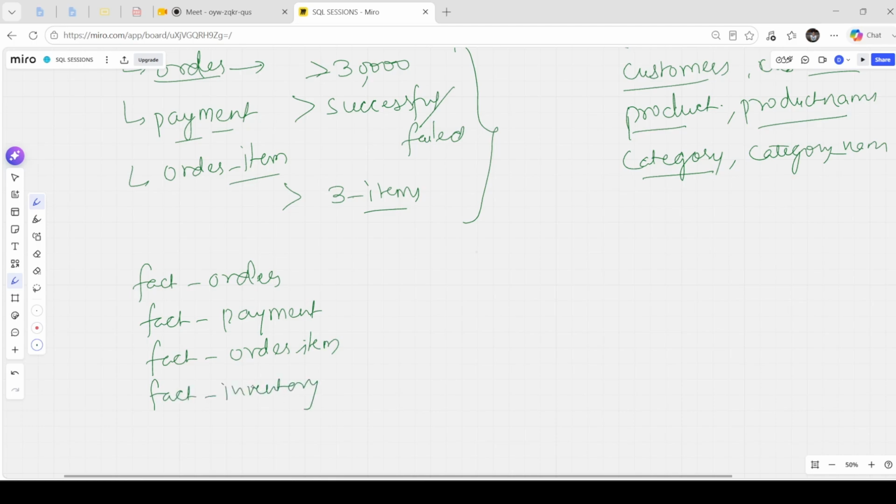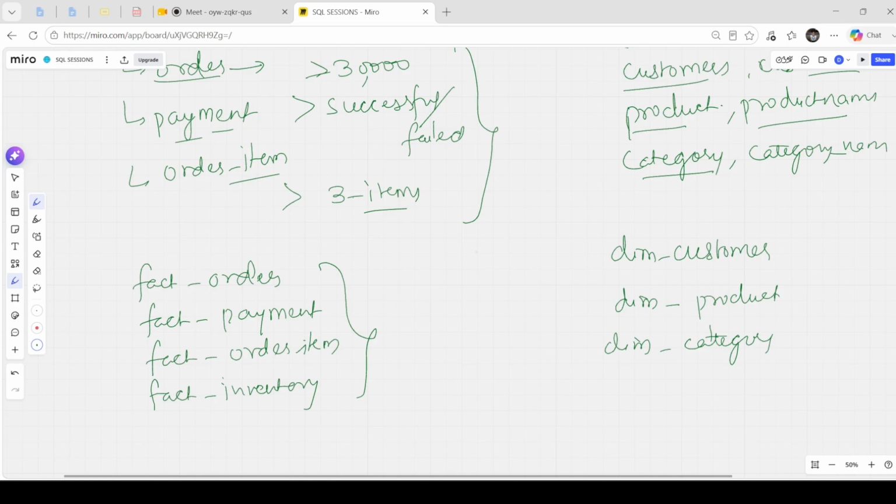Now this tells me about the inventory, how frequently we need to replenish because my inventory is getting stocked out, right? So this gives some measurable metrics to the business team. So now these are actually fact tables. Dimension tables are going to be dimension underscore customer, dimension underscore products, dimension underscore category, and so on and so forth, right?